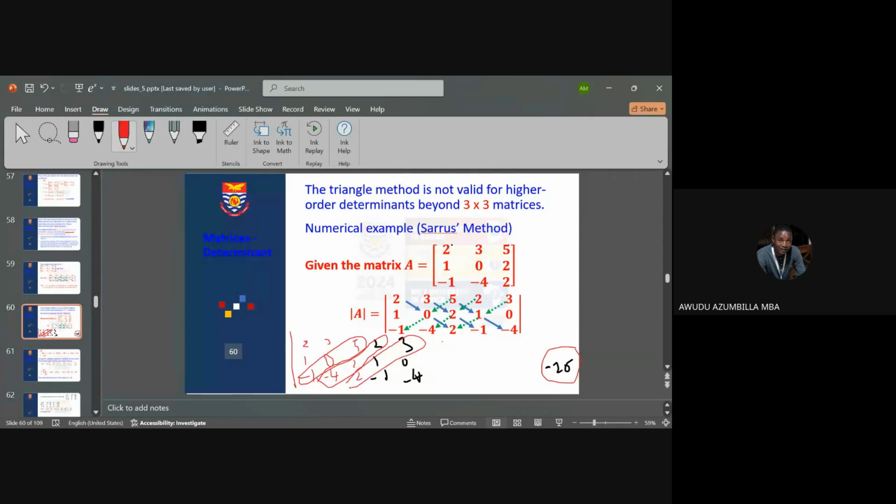Yes. So again, we are going to multiply this one and add them up. The first one, we are going to get 0 because 1 multiplied by 0 is 0, 0 multiplied by 5. So it's going to give you 0 here.